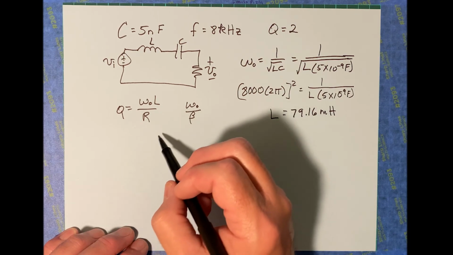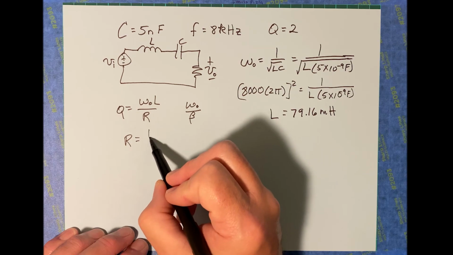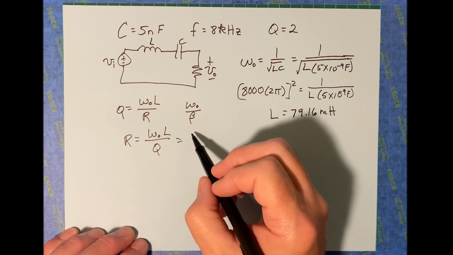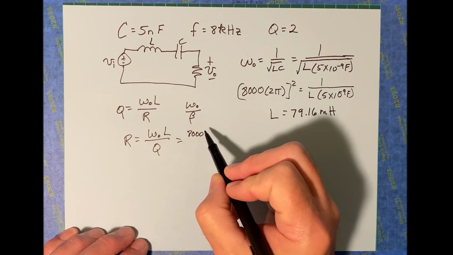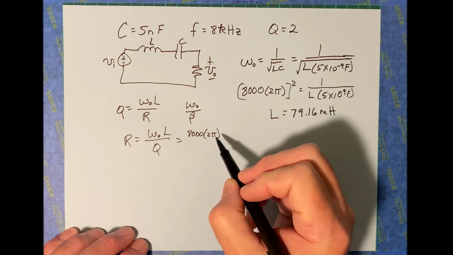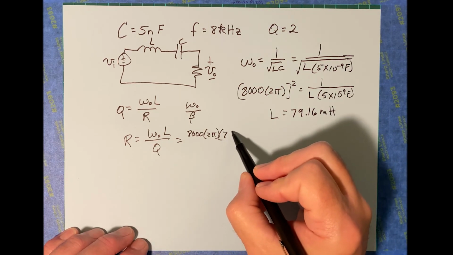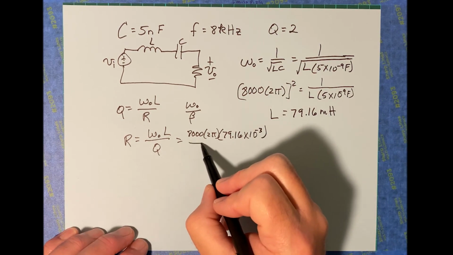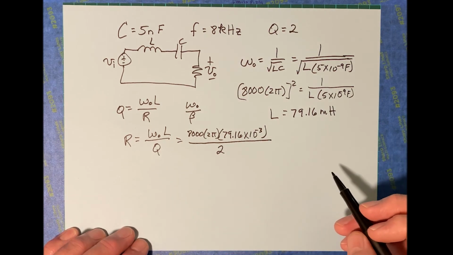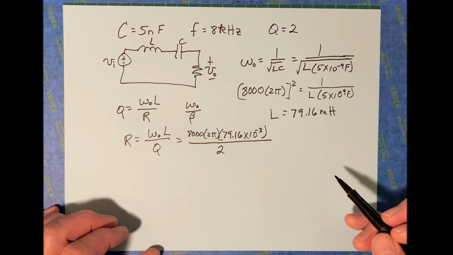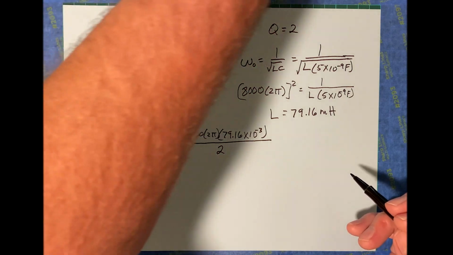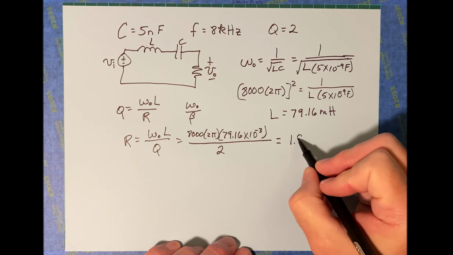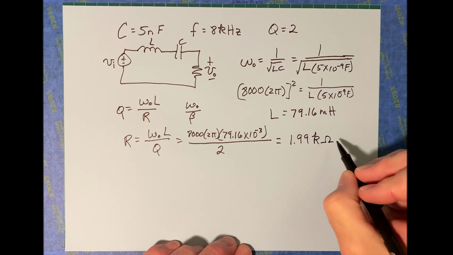Okay, then our R is going to be omega naught L over Q, and that's equal to, let's see, 8,000 times 2 pi times 79.16 times 10 to the negative 3. Divide that by 2. Okay, so we should be able to get that pretty straightforwardly. All right, so if you do that calculation right there, you end up with 1.99 k ohms.